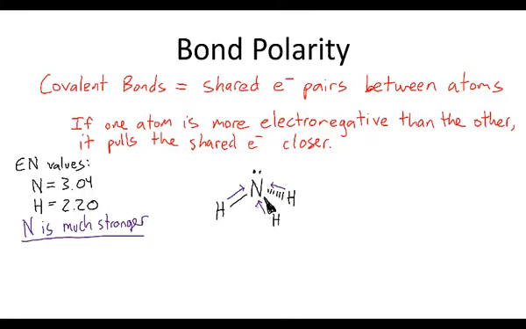And what we do with our arrows, a lot of times we put a little plus sign at one end of the arrow to show that that's the end that has extra positive charge left behind. Because if nitrogen's pulling the electrons closer to itself, that's leaving behind more positive charge on the hydrogens.